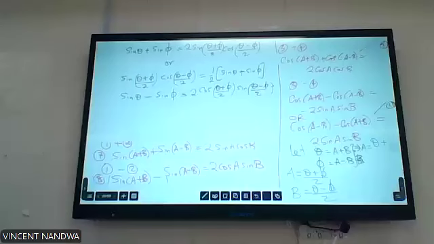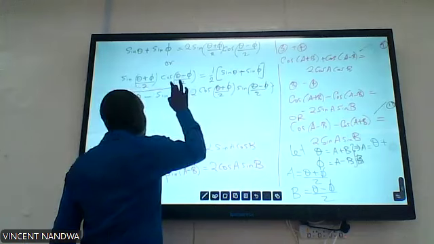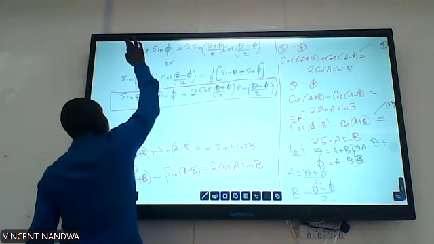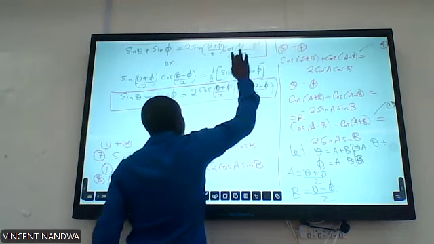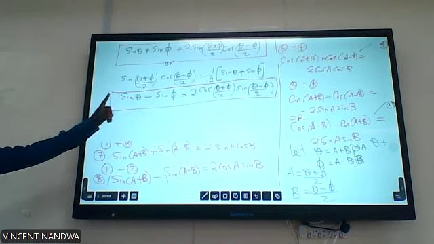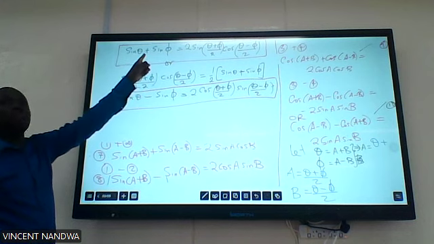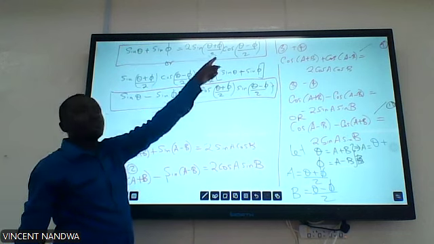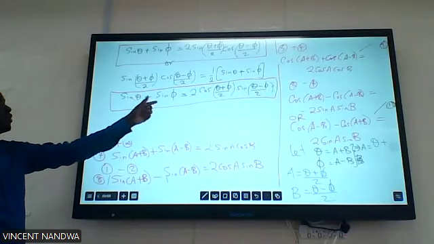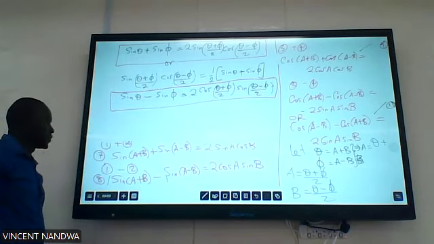So that's another formula. You can express the sum of two sines of different angles as a product of sine and cos, and the difference of two sines of different angles as a product of sine and cos.